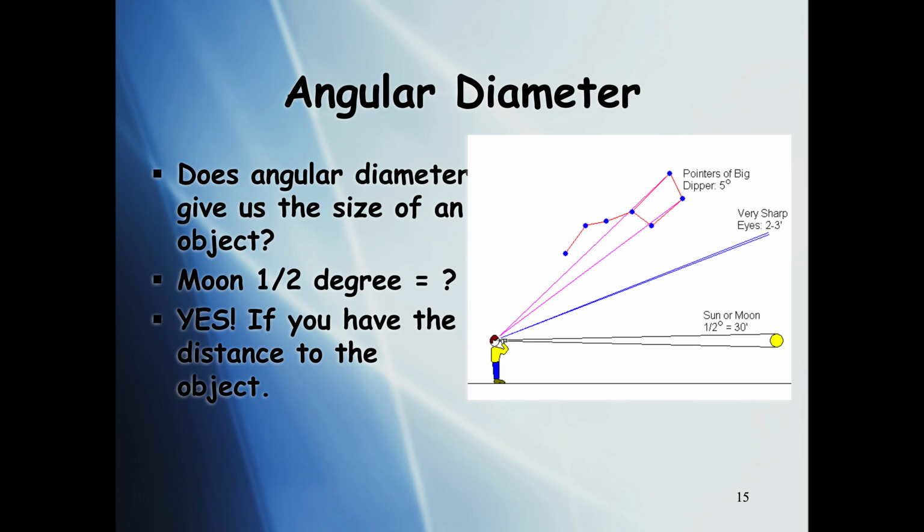So your angular diameter, your angular size, could it give you real size? Yes, but you have to know the distance of an object. And we'll spend some time going through these calculations. But right now, I just want you to be aware that you could use this to calculate the physical diameter, the actual size of an object, if you measure the angular diameter and you can calculate the distance from us to that object.